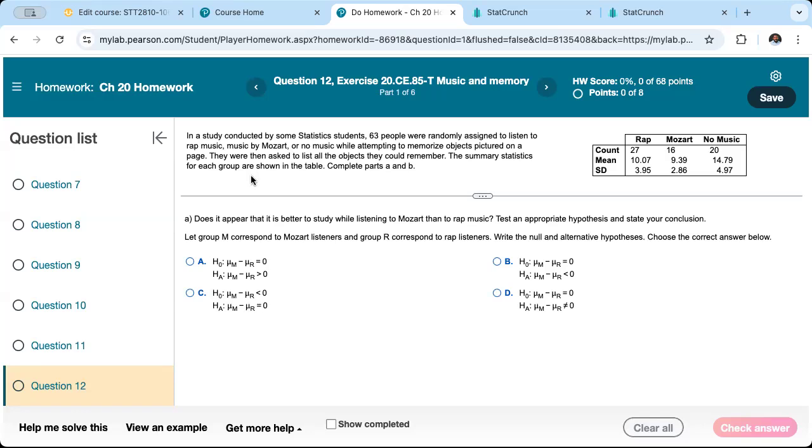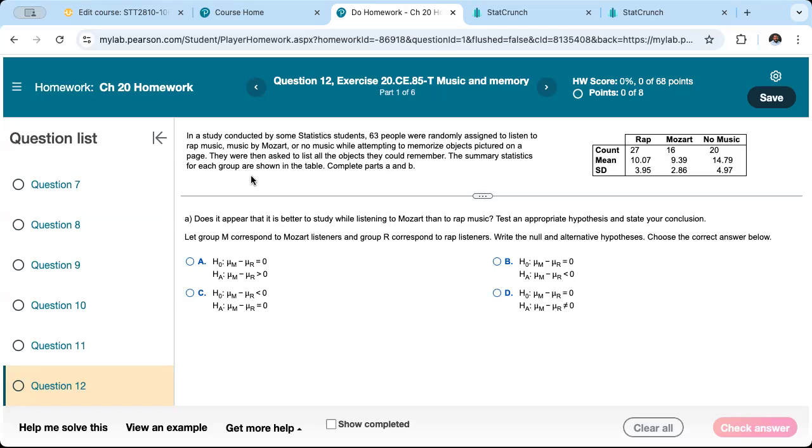Now, when we read this, it says that in a study conducted by some statistics students, 63 people were randomly assigned to listen to rap music, Mozart, and then no music while attempting to memorize objects pictured on the page. They were then asked to list all the objects they could remember.